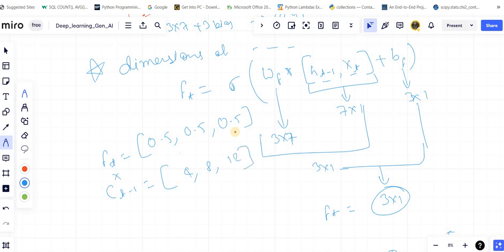If we multiply ft into ct minus 1, 4 will become 2, 8 will become 4, 12 will become 6. It means we removed some information from this vector. Or if this word was important, it would come as 1, 1, 1. In that case, 4, 8, 12 will go directly to the next step.